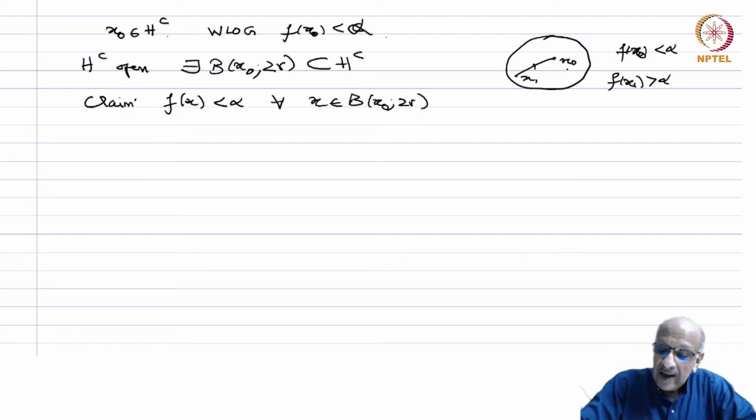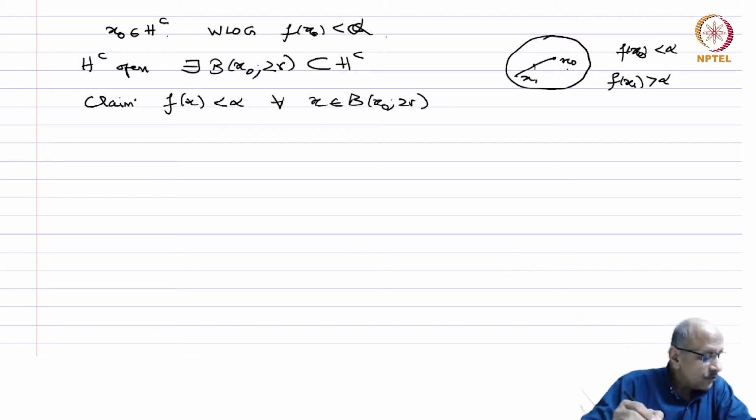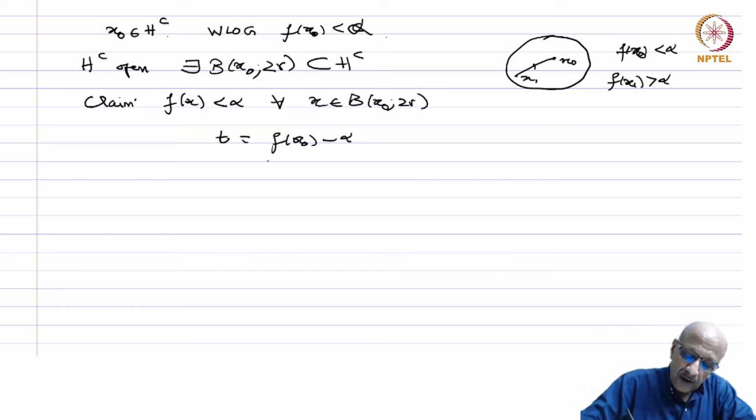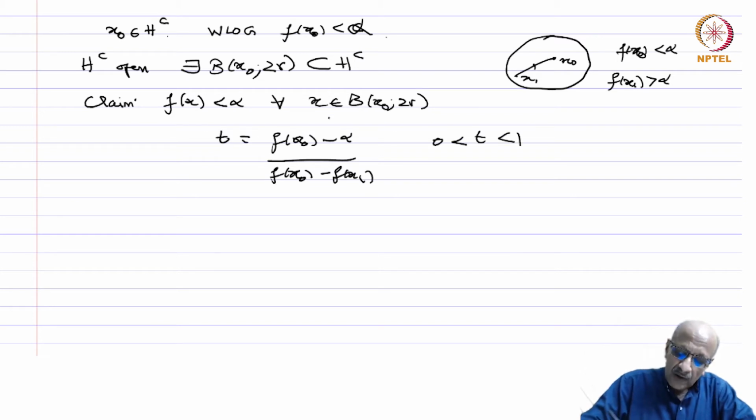But instead we have something better, namely linearity and the convexity of the set. If you put t equals (f of x naught minus alpha) by (f of x naught minus f of x1), then 0 is less than t less than 1. Both these are negative terms, so the ratio is positive, and the numerator is smaller in magnitude, therefore it is less than 1.